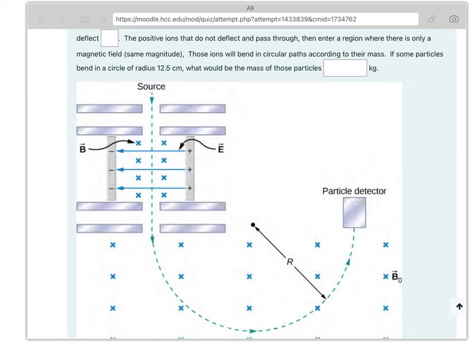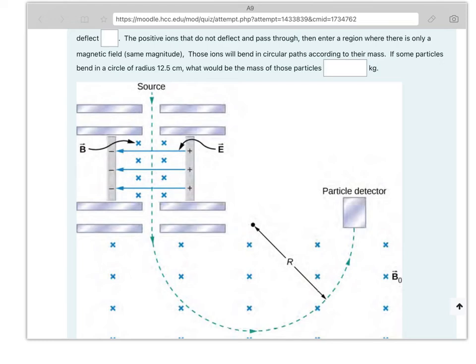It's repelled by the positive plate. But for a positive particle coming into a magnetic field, use right-hand rule number 1: point your index finger down, your bent fingers into the page, and your thumb is going to point in the opposite direction. So there's an electric force and a magnetic force which are opposed to each other.